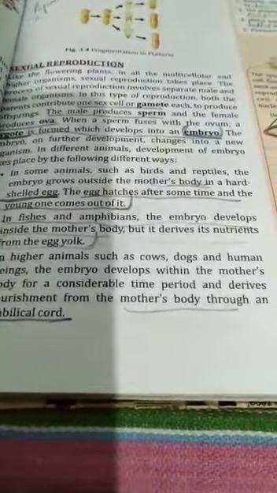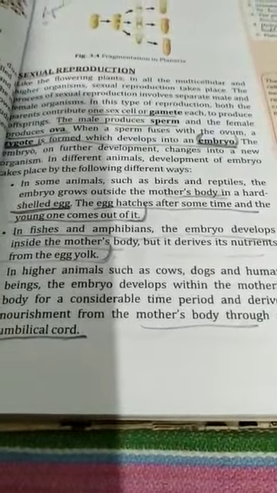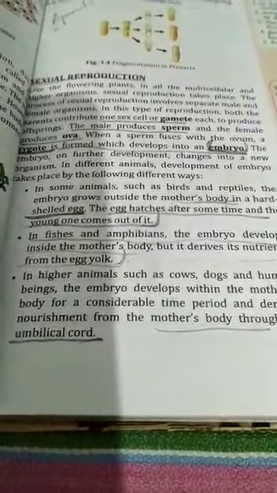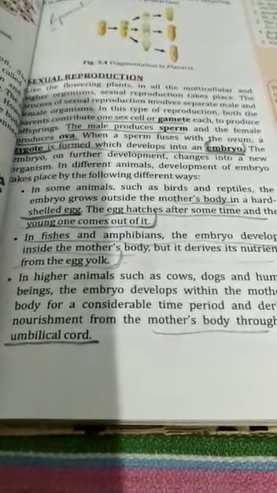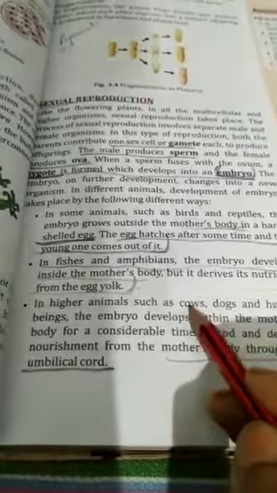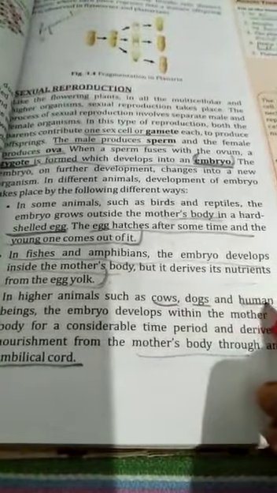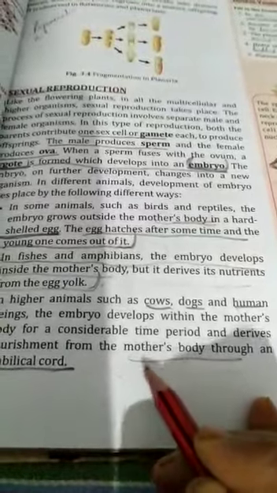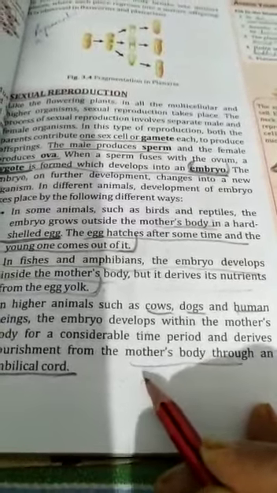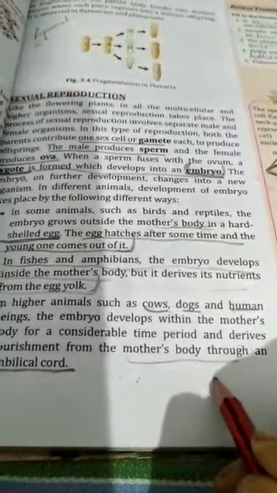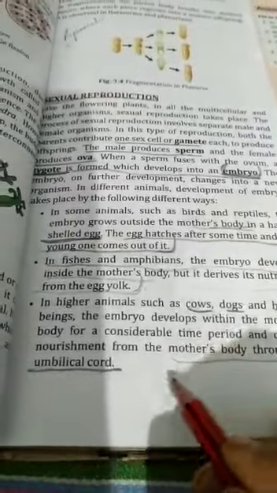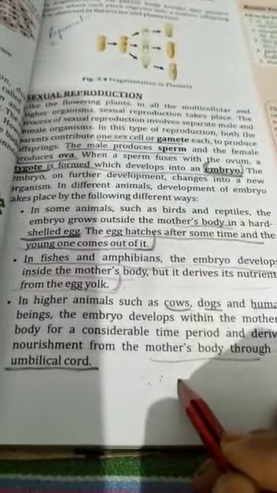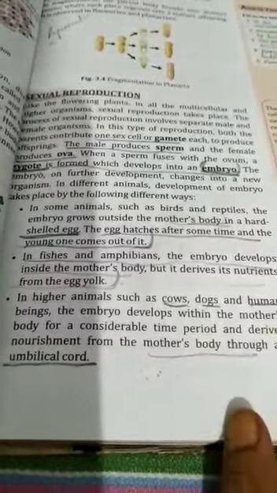In all these animals, the embryo remains in the womb of the mother for a longer period of time, which differs between cows, dogs and humans, and after this particular period of time the baby comes out from the mother's body.